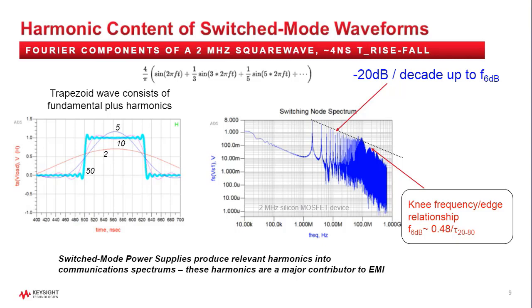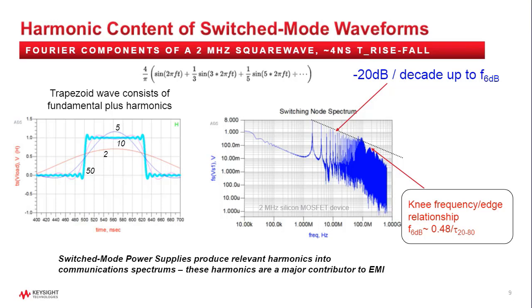So this could go well into a couple of hundred megahertz, which is RF territory, where significant amounts of interference could occur with other devices. Now, what we would nominally expect to see is approximately a 20 dB per decade roll-off.